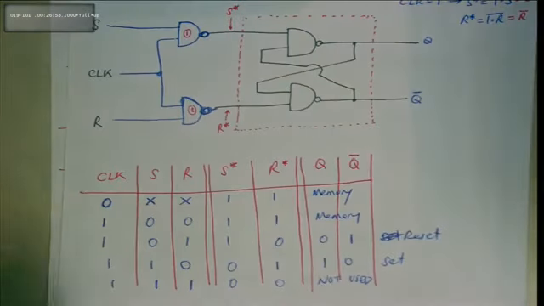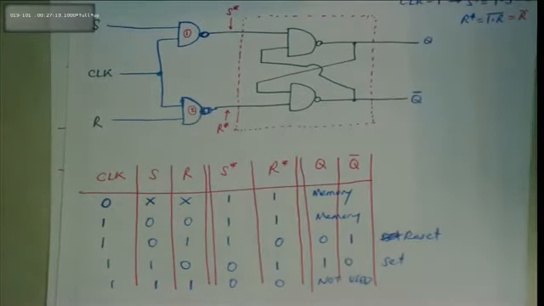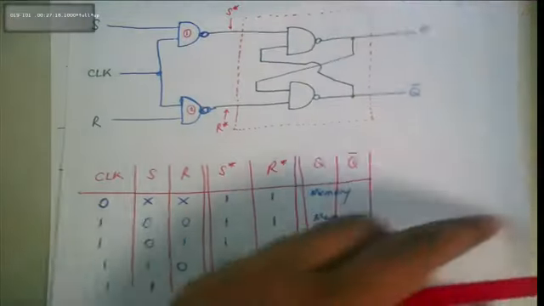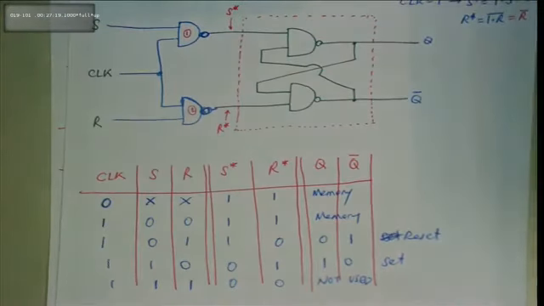Okay, now, we have 3 inputs. If you look at the circuit, how many inputs? 3 inputs. If you look at the outputs, how many outputs? 2 outputs. 3 inputs are S, clock, and R. How many outputs? 2 outputs, Q and Q bar. I've just put this thing called S star and R star only to help us see the intermediate phase.